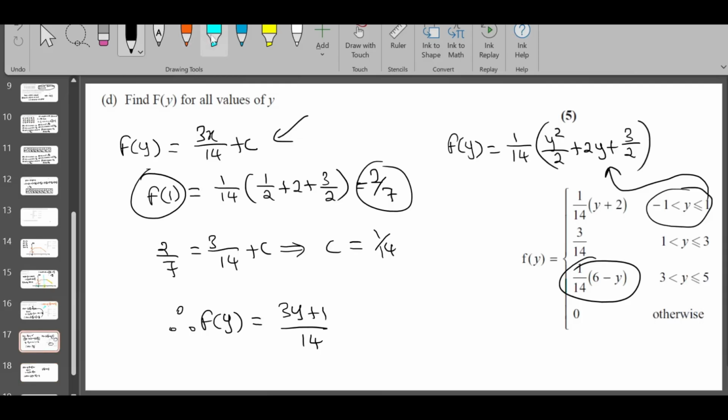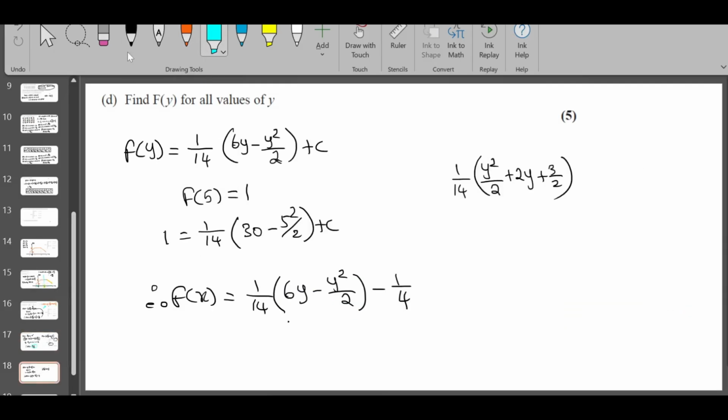And we have the second function here, 3y plus 1 over 14. And the third function, if you open the bracket, you'll get 6 over 14 is 3 over 7 y minus 1 over 28 y square minus 1 over 4.